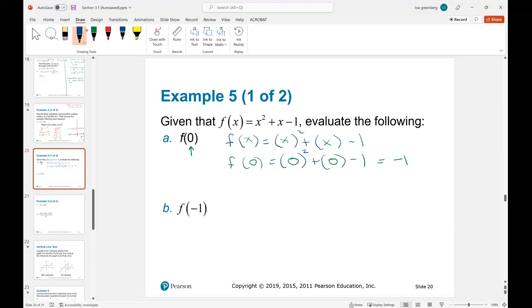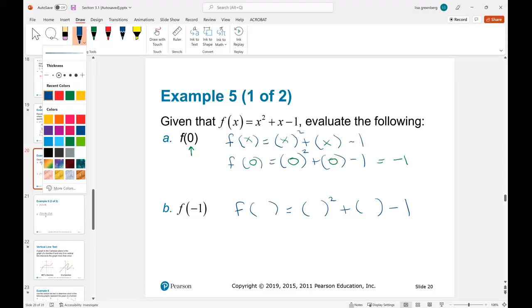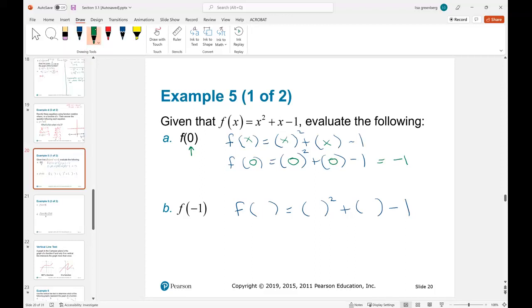So again, let's do it. I'm not going to rewrite the original because we can see it up above us, but this is still x squared plus x minus 1. And now what goes into my parentheses is -1. So f of -1 equals (-1) squared plus (-1) minus 1.